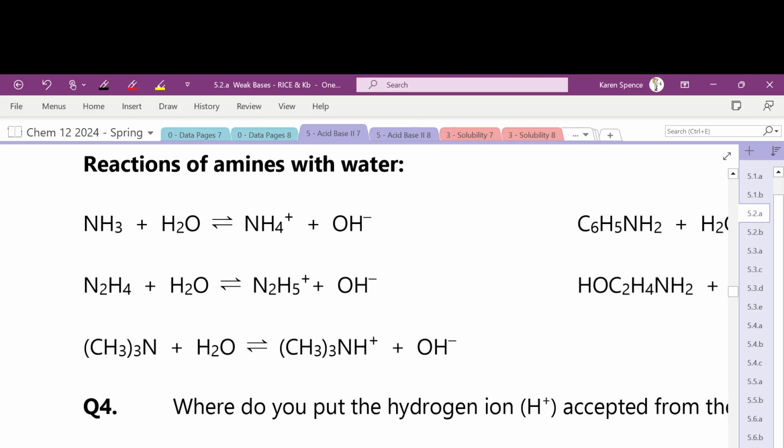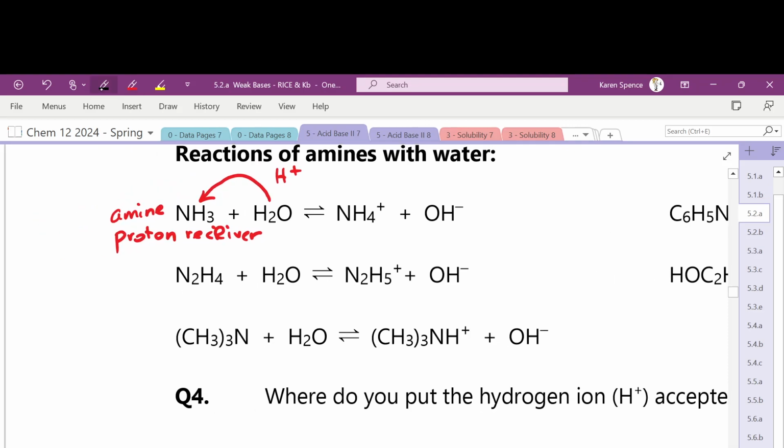So when amines react with water, water is the proton donor, and the amine is the proton receiver. And if the amine is the proton receiver, that makes it a Bronsted-Lowry base. So the amines are Bronsted-Lowry bases.